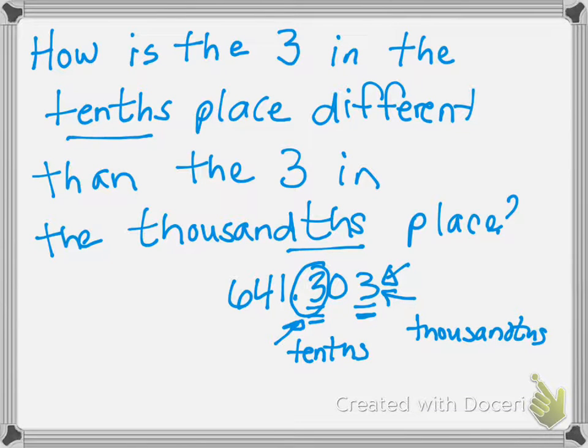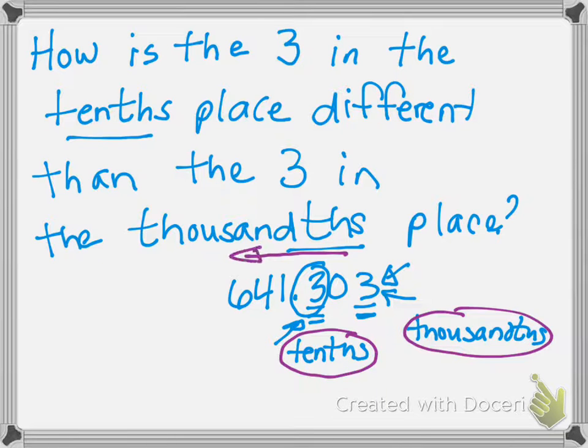So how is this 3 different than this 3? Well, we know that it's more because it is in a larger place value. The further we move in this direction, the larger place values we have. And it is not 10 times more because it's 2 steps over. So it is 100 times more.